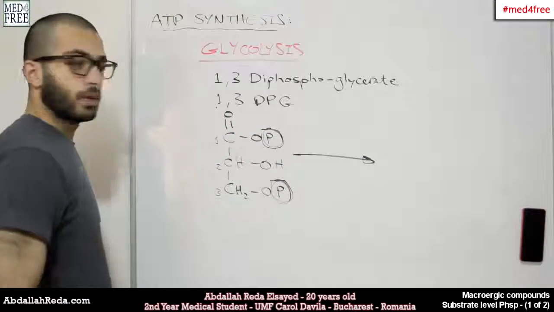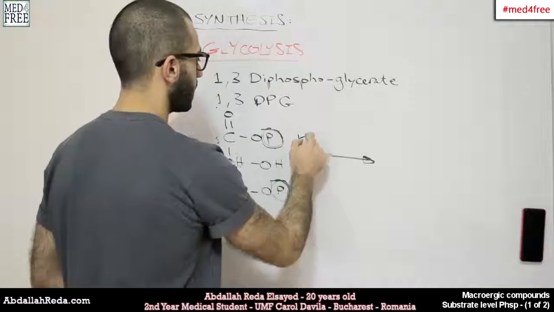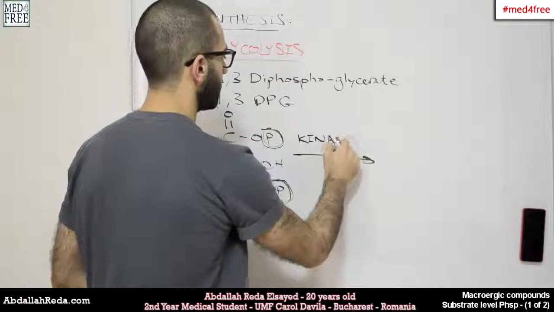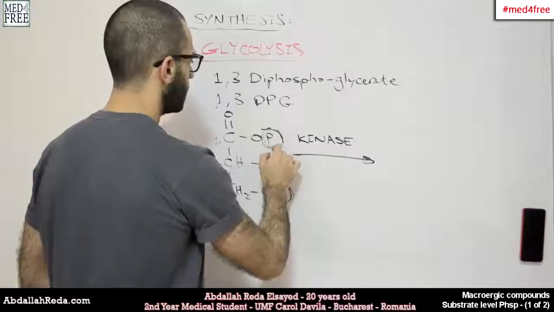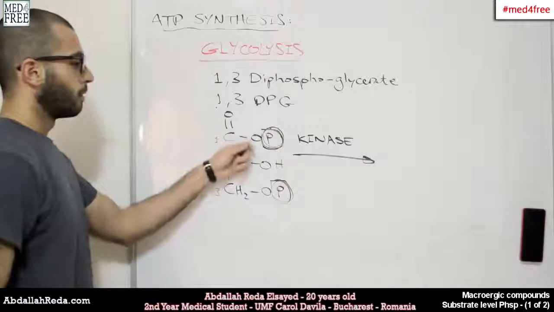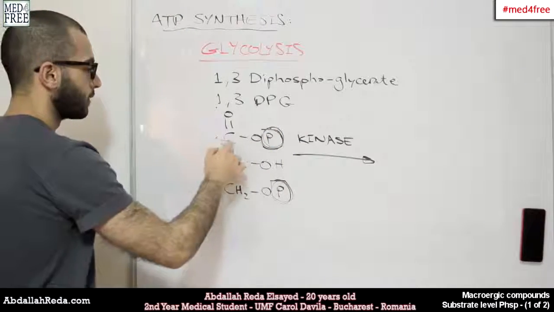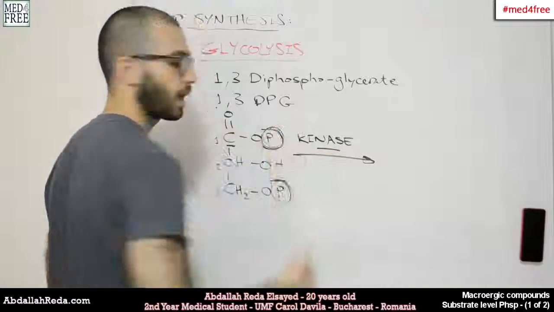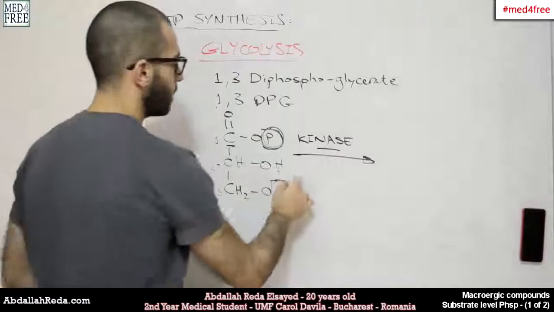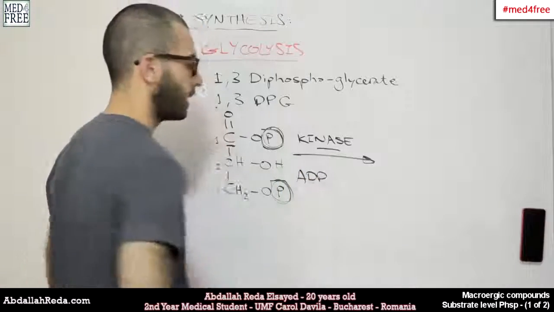What happens is that we have an enzyme, which is a kinase. The kinase would remove a phosphoric acid group from the first carbon. This is what the kinase does. It removes the phosphoric acid group. We have ADP, an ADP molecule.